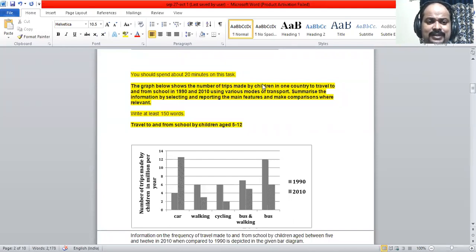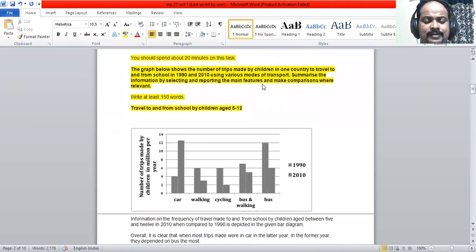Today, we are going to see a particular bar graph, a single bar graph. In this bar graph, we are going to see the number of trips made by children between the age 5 and 12 in a country who traveled to and from school.